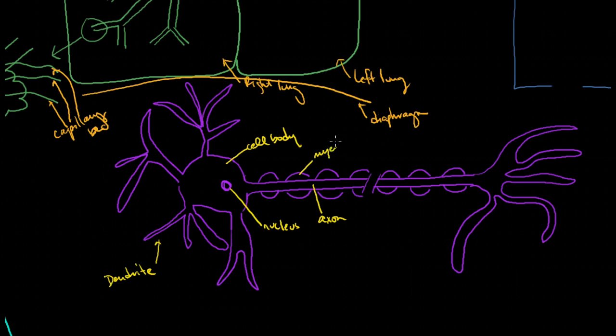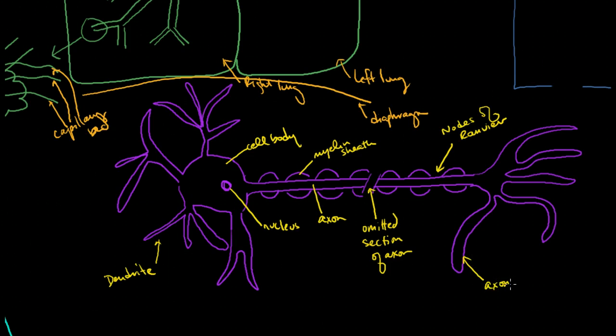This is our myelin sheath. The spaces between the myelin sheath are called the nodes of Ranvier. This part just indicates that there's an omitted section of the axon that we just didn't draw, and over here is an axon terminal.